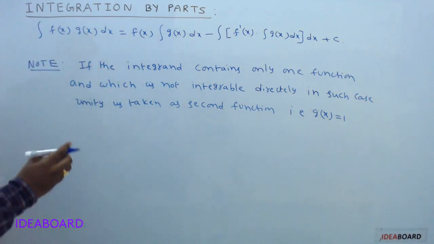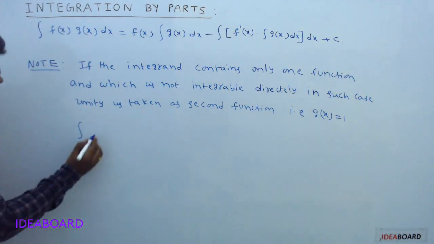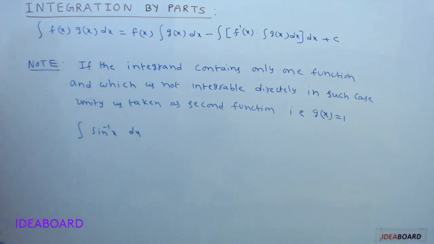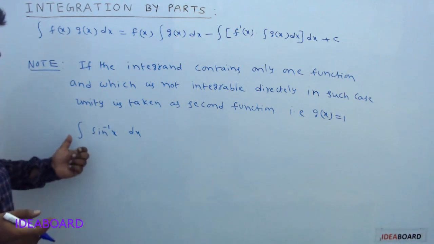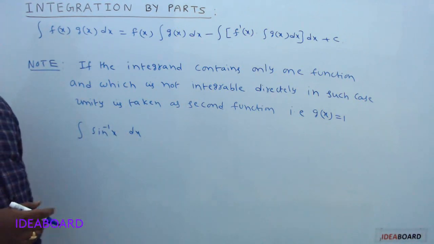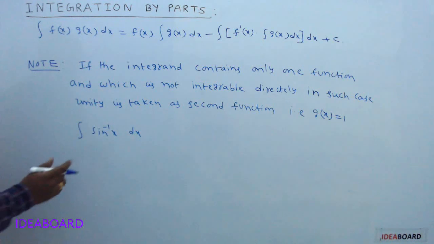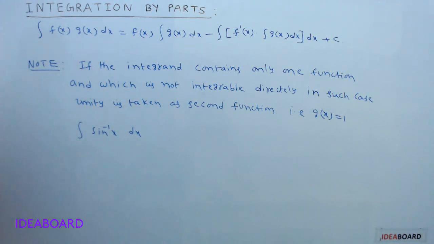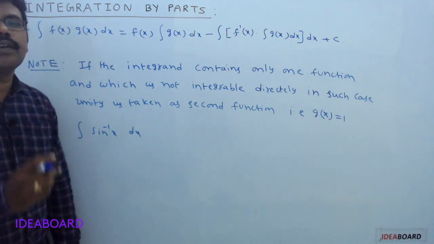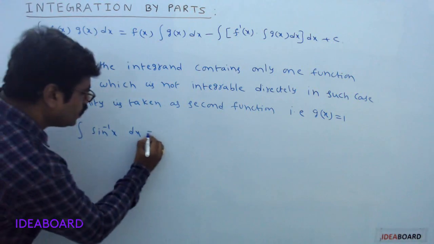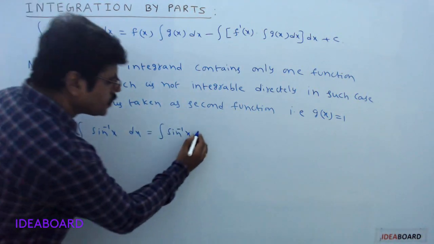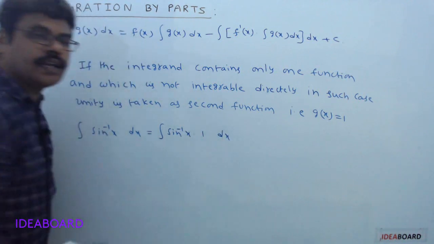For example, integral sin inverse of x dx. We don't know the formula of integral sin inverse x dx. So in this case, the integrand contains only one function. So unity will be taken as a second function. That means this problem can be taken as sin inverse of x into 1 dx.